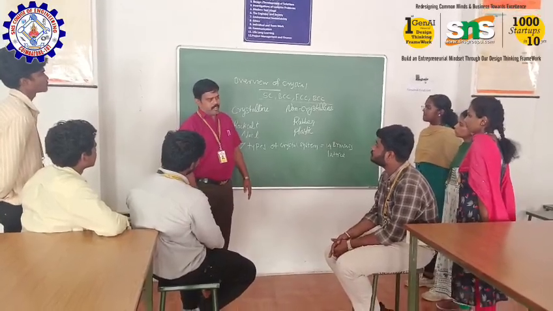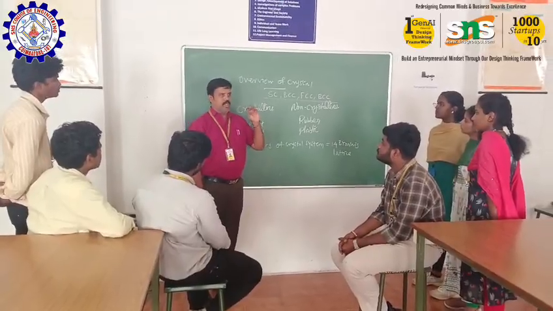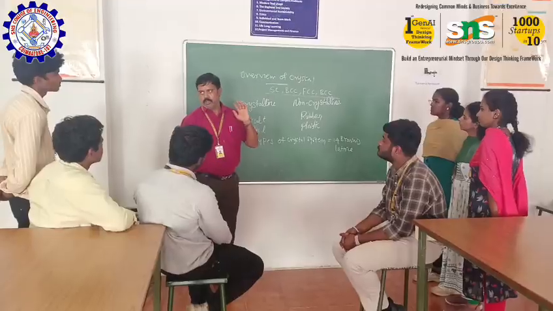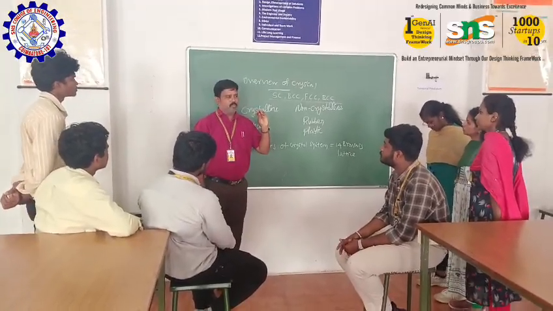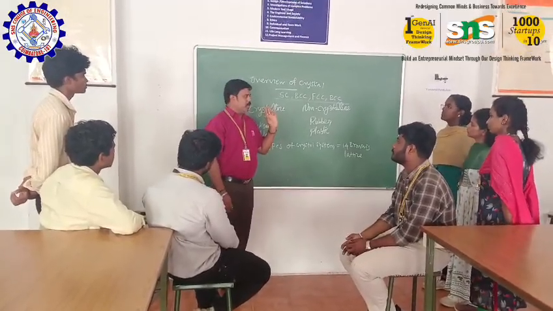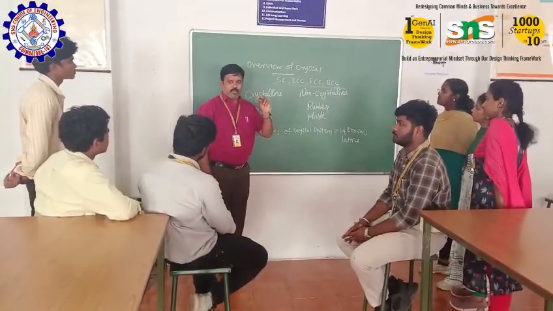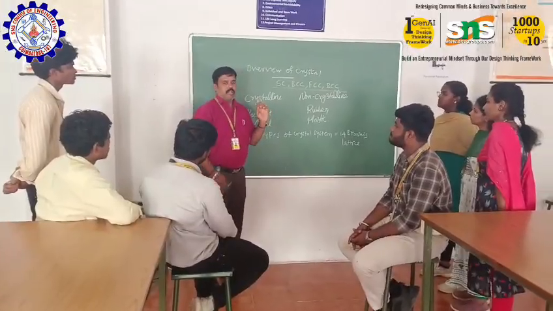Then the characteristics of unit cell. We know that the unit cell is the smallest formation of the crystal system. You know what an atom is: the smallest portion of an element, indivisible. The unit cell is the same in crystals, the smallest portion of the crystal.